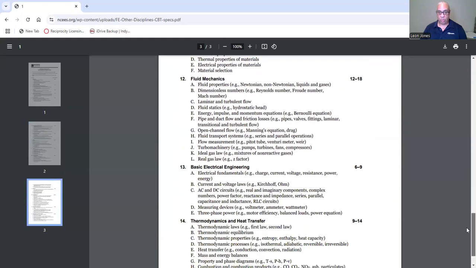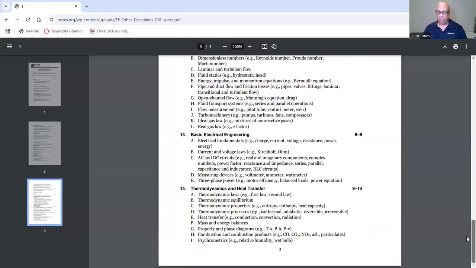Now, the good thing about not civil, or mechanical and other disciplines, from my humble opinion, you don't have as many subjects as you do on the civil side. And the civil has most people taking. When it comes to the industrial and the environmental, I think second is mechanical engineering.